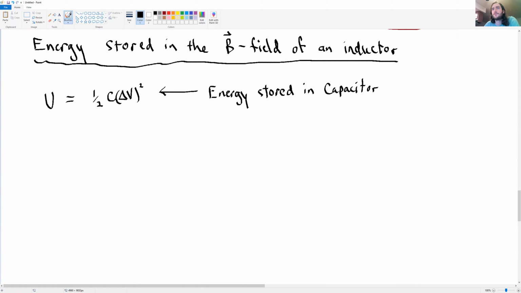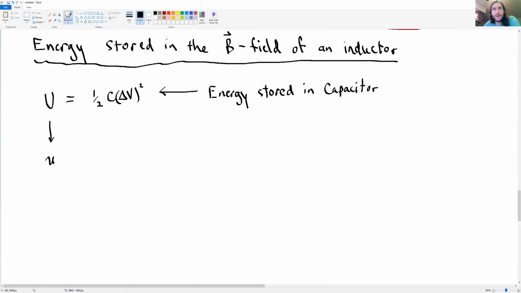And we were able to rearrange this, or rather substitute in for some of these quantities like the capacitance and the potential difference across the plates for a parallel plate capacitor where the plates are infinite.